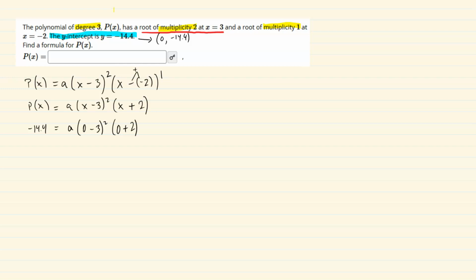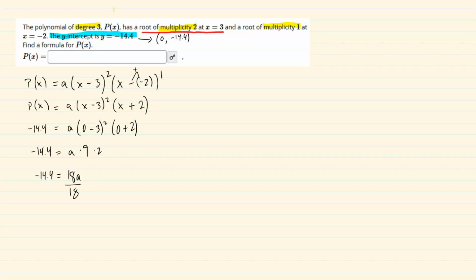Okay, now we can solve for a. We need to simplify things a bit. So negative 14.4 equals a. Now 0 minus 3 is negative 3, but when you square that it becomes a positive 9. 0 plus 2, that's just 2, so it's going to be multiplied by 2. So that gives us 18. So that is negative 14.4 equals 18a.